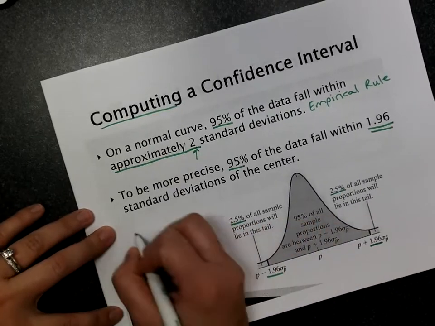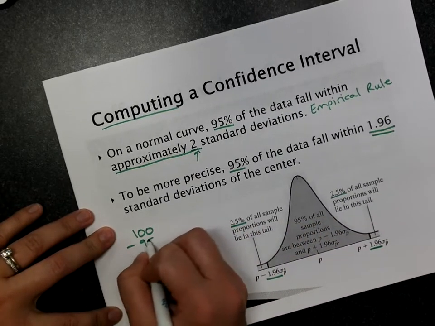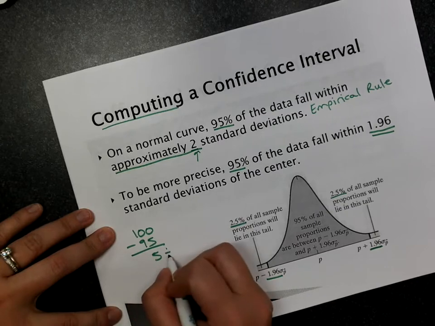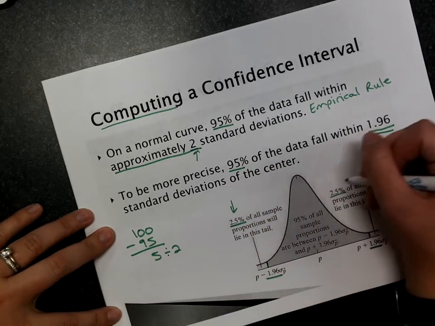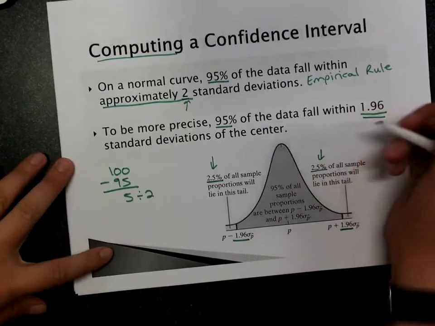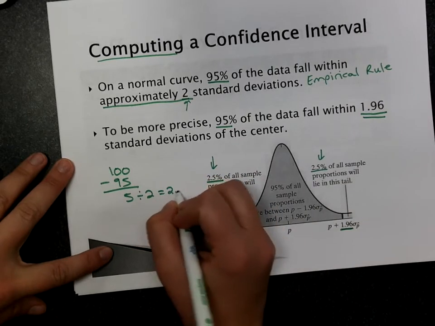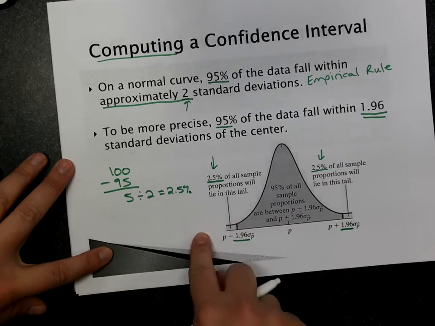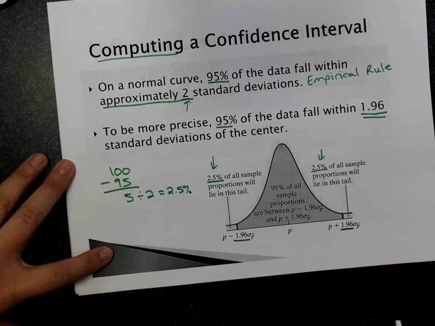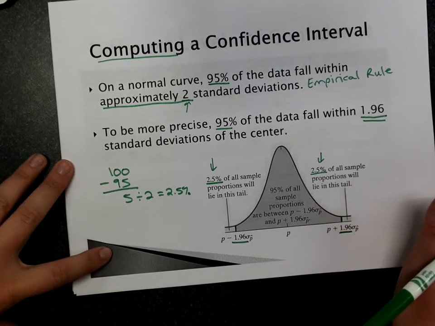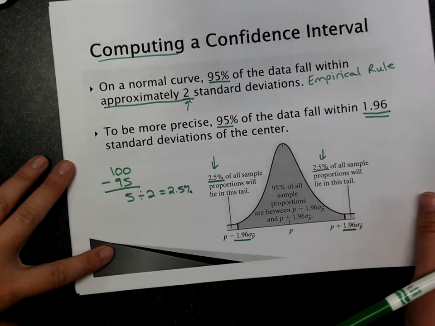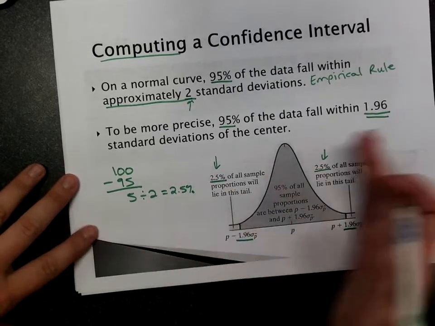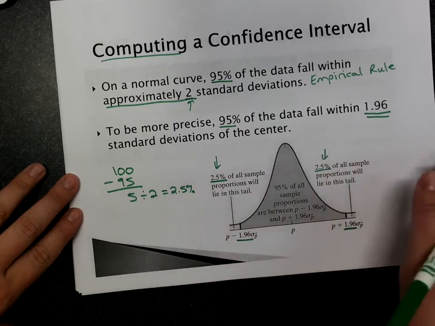We get that number from doing 100 minus 95. That gives us 5. We split that evenly between the lower tail and the upper tail. And that's where we're getting 2.5%. So 2.5% of the data fall below that and 2.5% above that. So remember, everything is symmetrical on bell curves or on normal curves. Everything is symmetrical, so you can always divide by 2 to get the amount in each tail.